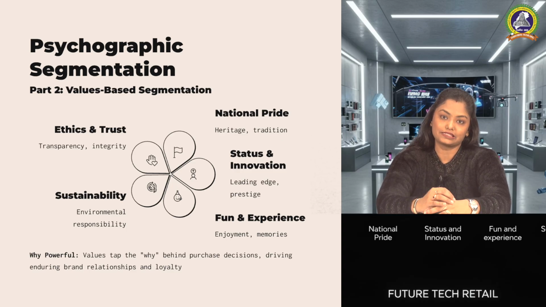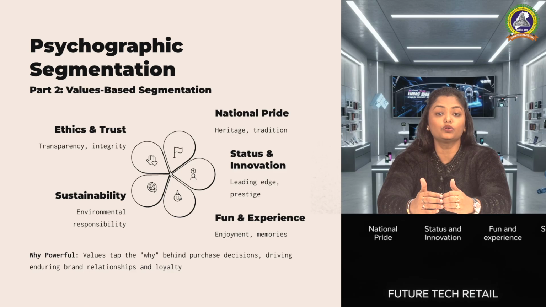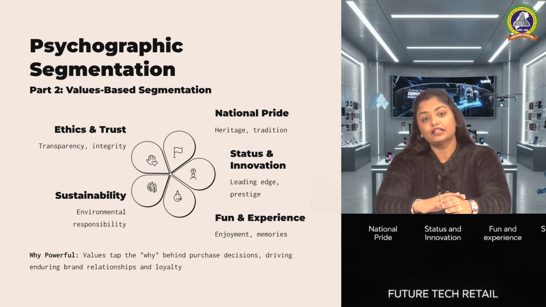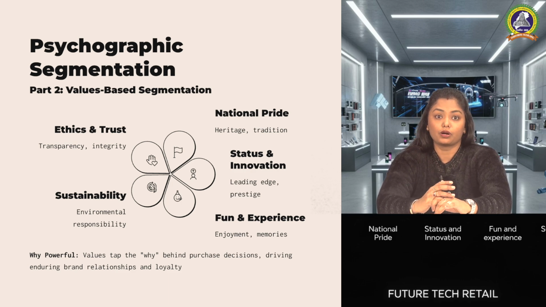Let's look at some examples in India. The Tata Group has built its brand by appealing to devout and enthusiastic consumers who value ethics, social welfare, and trust. Another example is Amul. It promotes national pride and community values, connecting with consumers who value tradition and Made in India products.